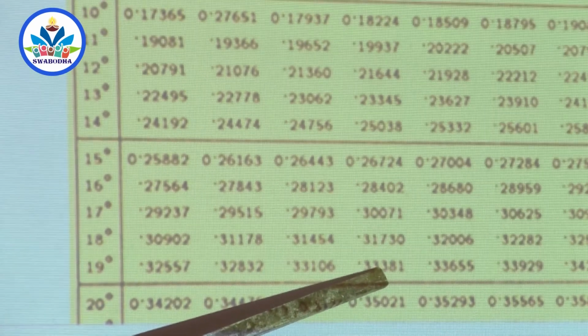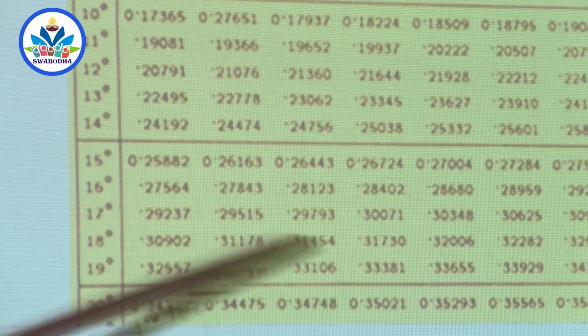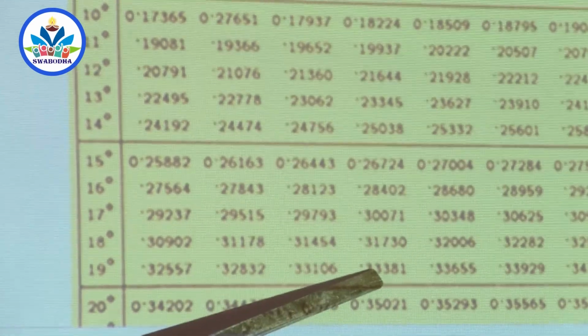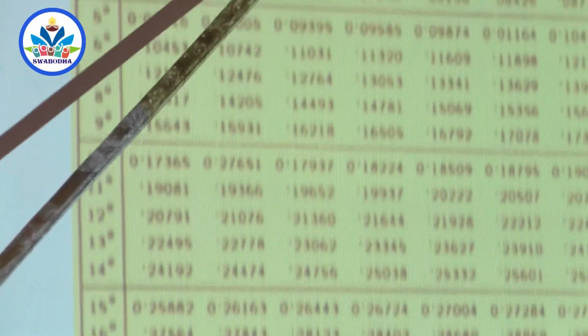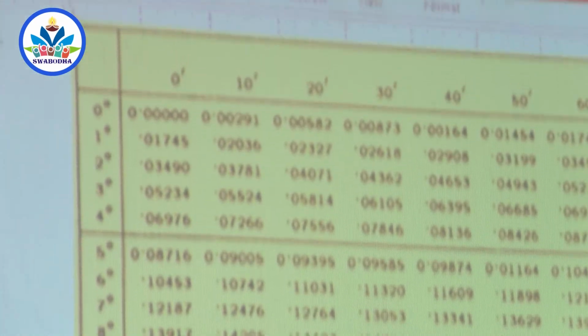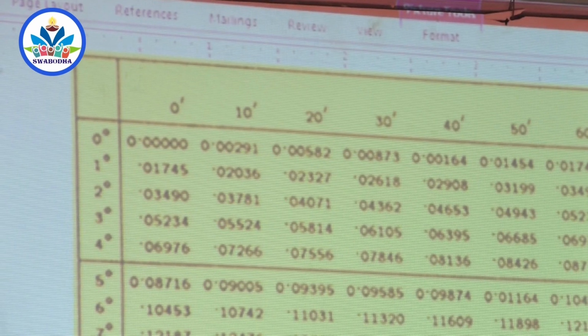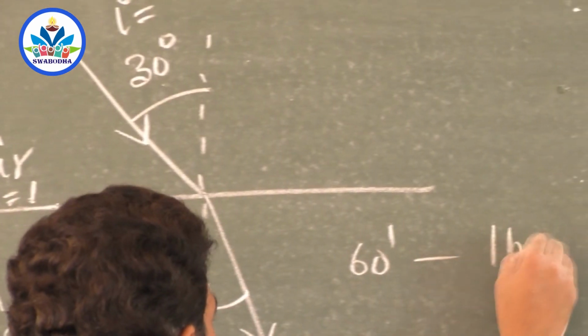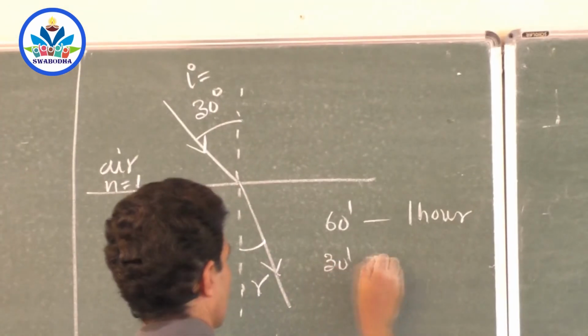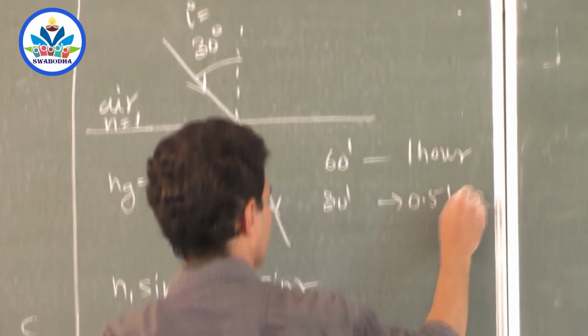You need not go for a very accurate answer in degrees and minutes. This is enough. This number, 0.3333, 19 degree, and this is in 30 minutes. What is 19 degrees and 30 minutes? 30 minutes means half degree. See, you have to write it like this. It is like you observe a clock. 60 minutes, 1 hour. 30 minutes, half an hour, 0.5 hour.